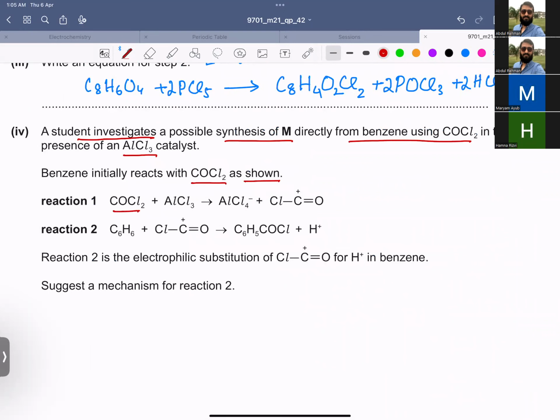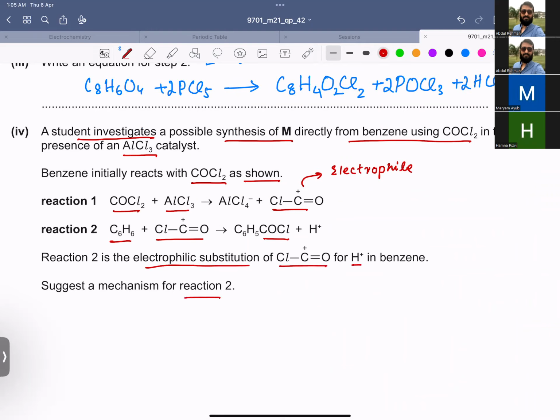If you see, COCl2 is reacting with AlCl3, forming this positively charged ion, which is actually the electrophile, because electrophiles are electron deficient. Then in the next step, the benzene molecule reacts with this electrophile, and one hydrogen is substituted by COCl.